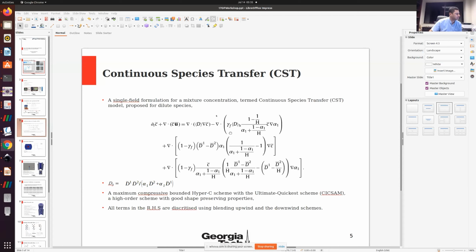On the right-hand side of the equation, this is the gradient of the surfactant. This gamma f is defined as the inner product of the face cell and the mesh face normal, normal to the interface.